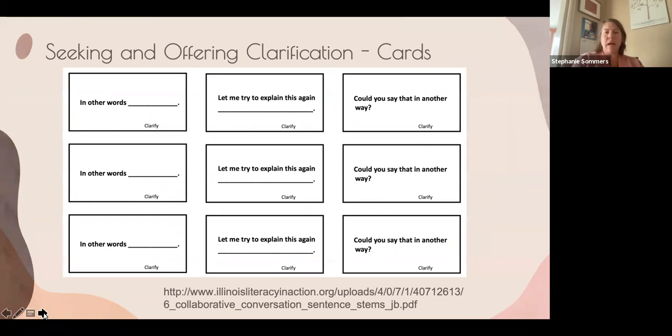So I just am focusing on the ones for clarifying, but there are some others for making polite requests or disagreeing, all of that. And you could use these in class, have your students use them in small groups, for example, have them use them with partners, maybe provide some scenarios.